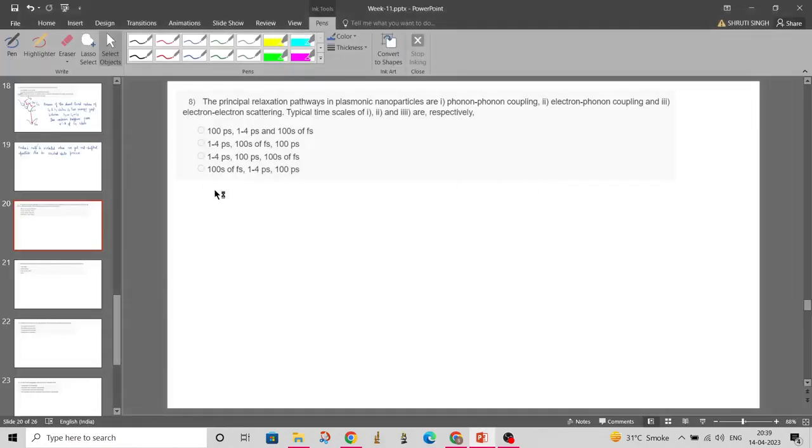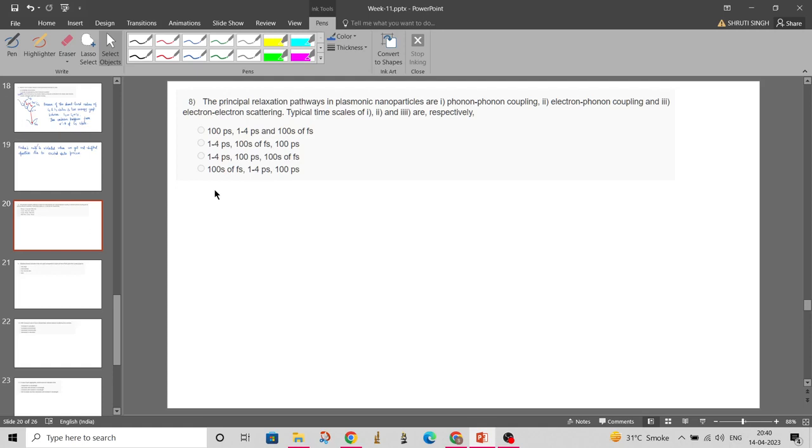The first question is, the principal relaxation pathways in plasmonic nanoparticles are phonon-phonon coupling, electron-phonon coupling, and electron-electron coupling. The typical time scales of them are, respectively.